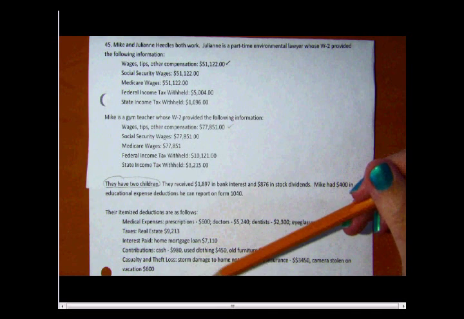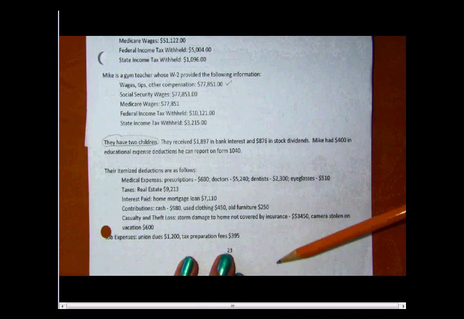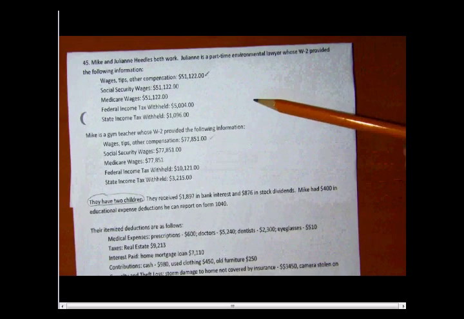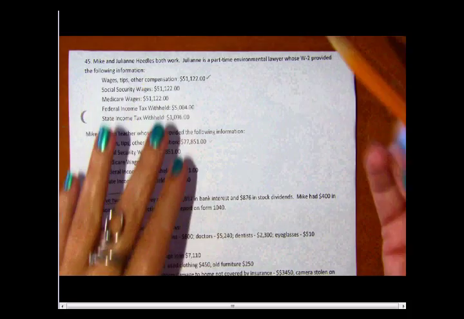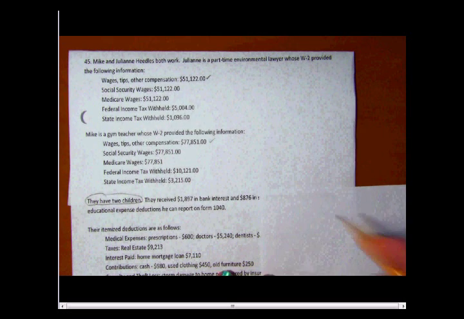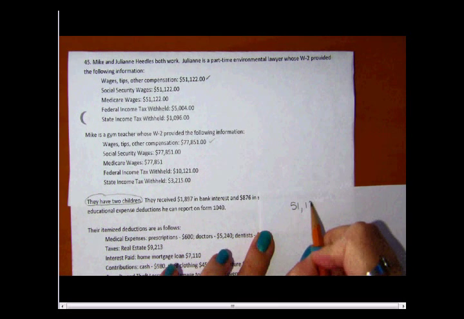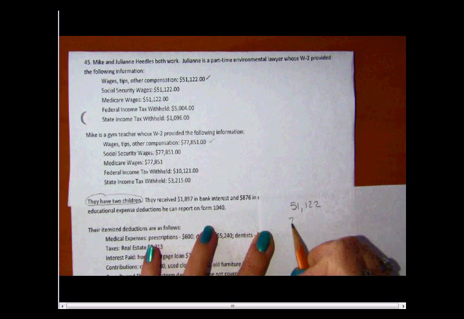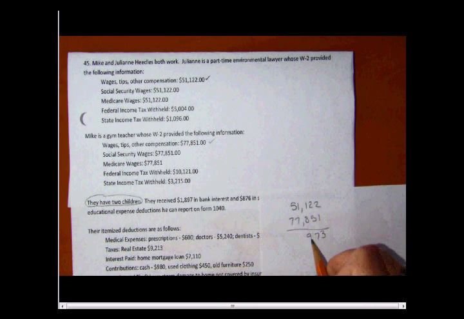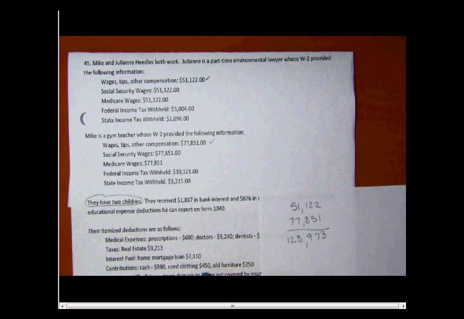Okay, and I'm just going to look. No other tips or anything have been listed. Okay, so just wages. So we want to find their total wages. Okay, so their total wages $128,973.